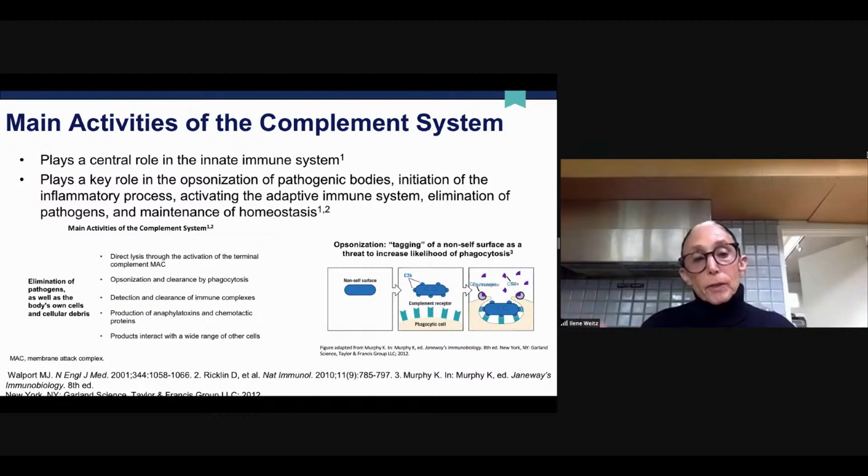Pentraxins are proteins like CRP, C-reactive protein, that are important in modulating the immune response, and also inducing other inflammatory cytokines like IL-6 and IL-10, which are very important in chemotactic activity.